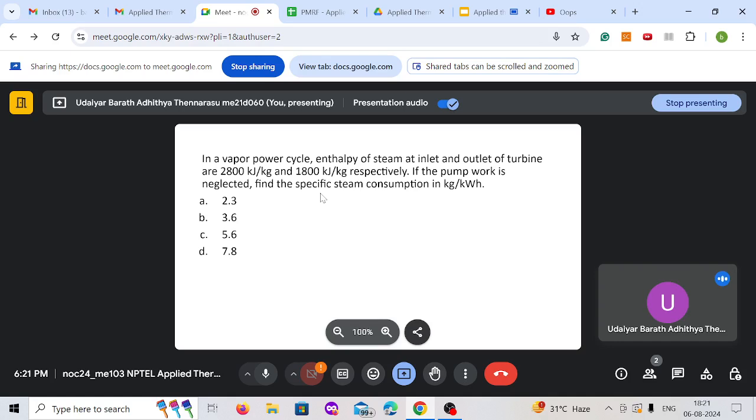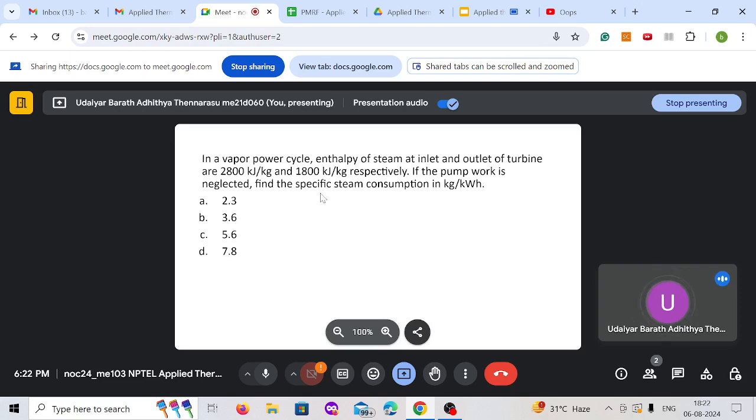So moving on, in a vapor power cycle, the enthalpy of steam at inlet and outlet of turbine are 2800 kJ per kg and 1800 kJ per kg respectively. If the pump work is neglected, find the specific steam consumption in kg per kilowatt hour.